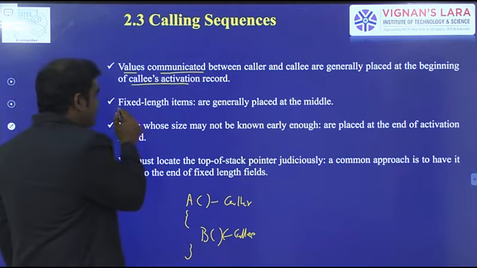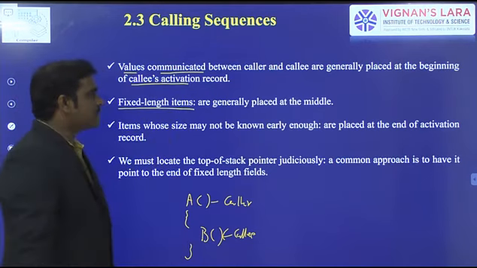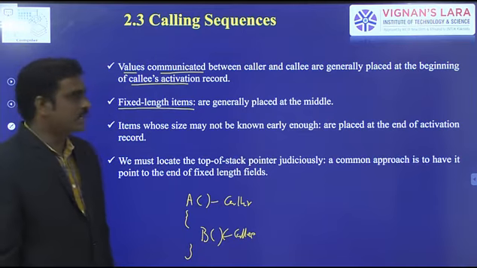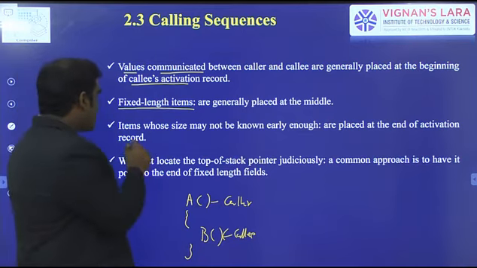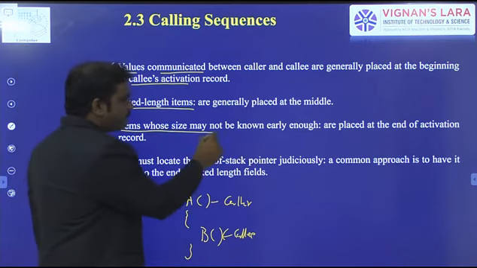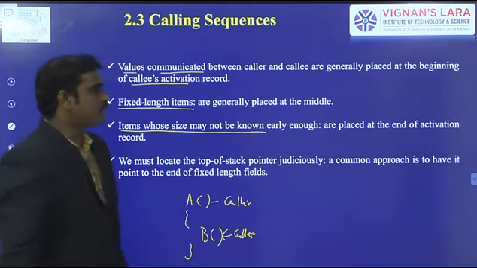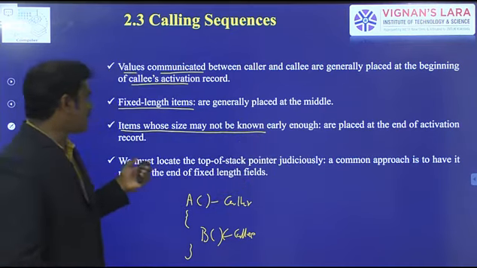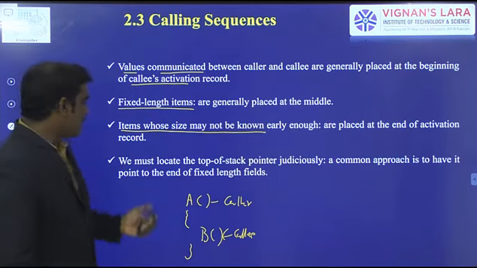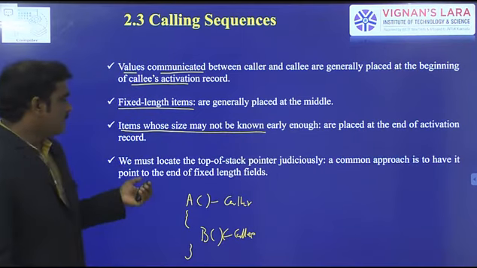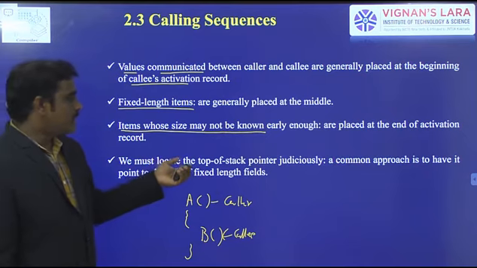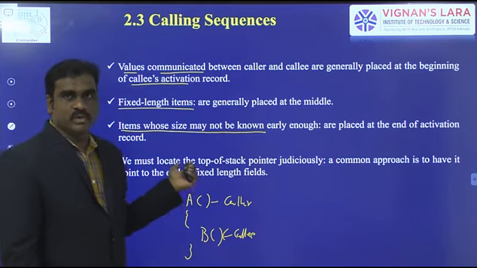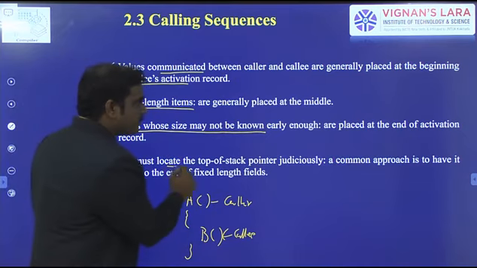And also here, it has fixed-length items. And the items whose size may not be known early enough are placed at the end of the activation record. And the third one is we must locate the top of stack pointer.